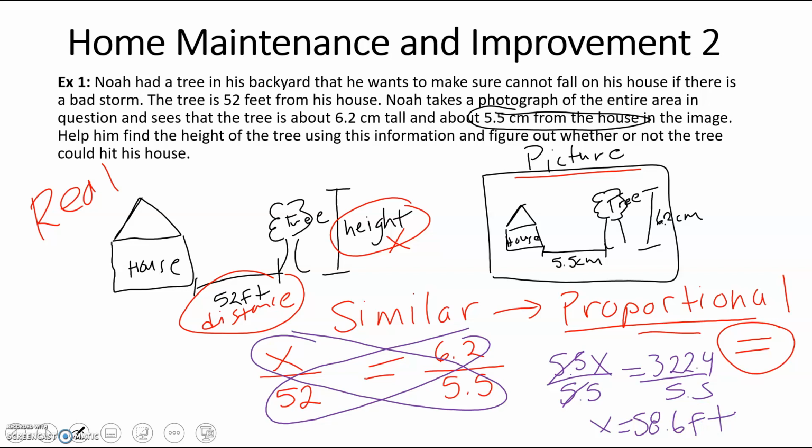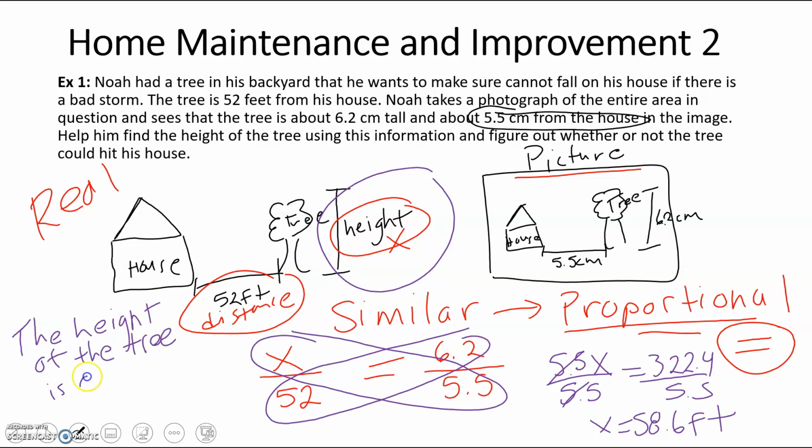Now, x represents the height of the tree. So we're going to now say that the height of the tree is about 58.6 feet.